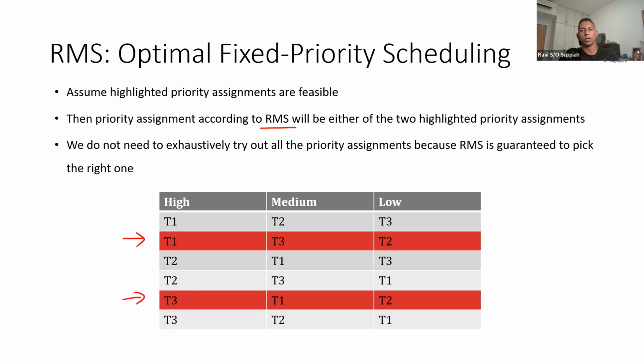Since we know RMS is always guaranteed to pick a feasible schedule if it exists, we don't need to waste time trying all sorts of combinations. We can straight away try RMS first to see whether such a possibility exists.